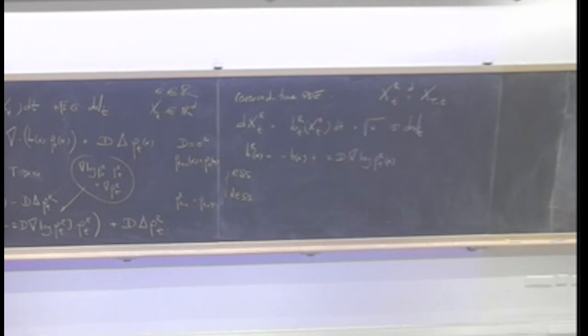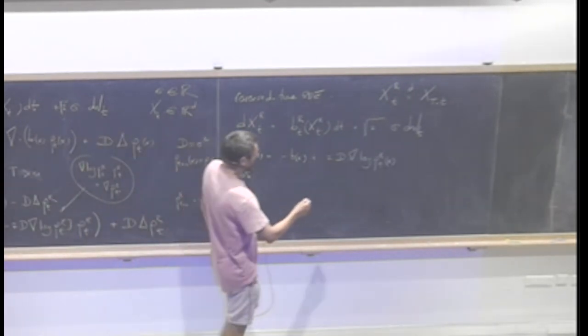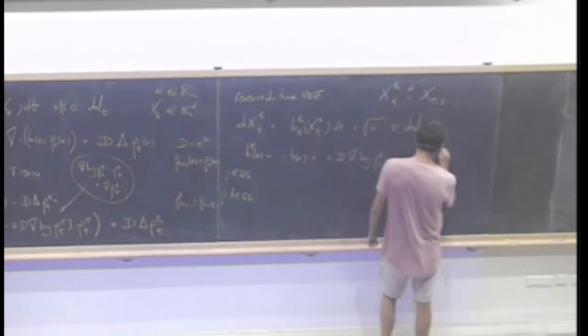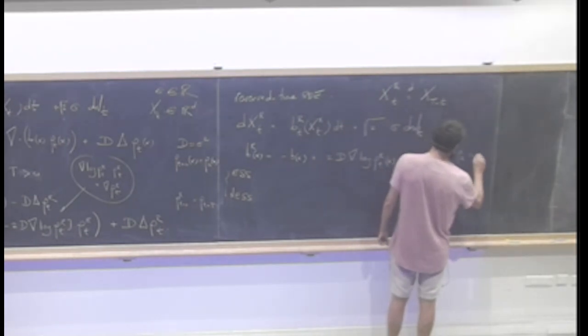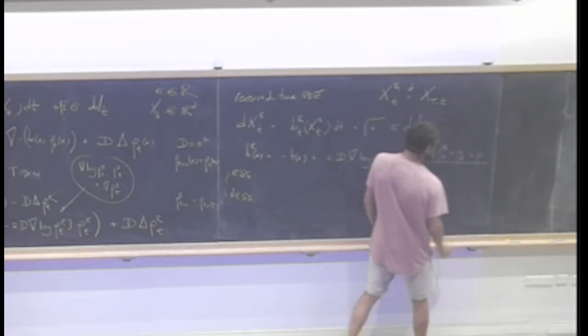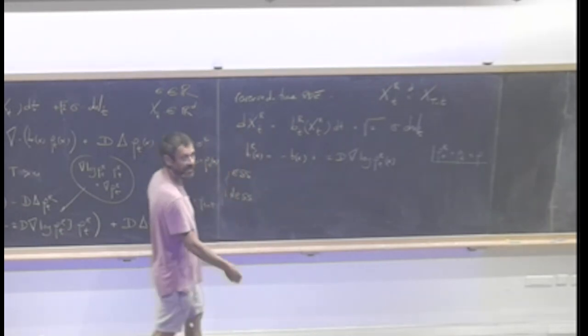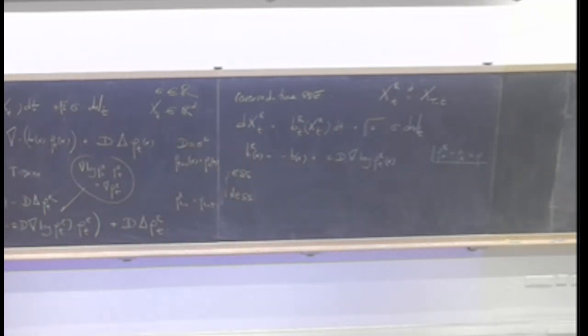It also says that rho^R of t is equal to rho of t, because they are both equal to a rho which is independent of time. This is the steady state solution of this equation, assuming it exists.